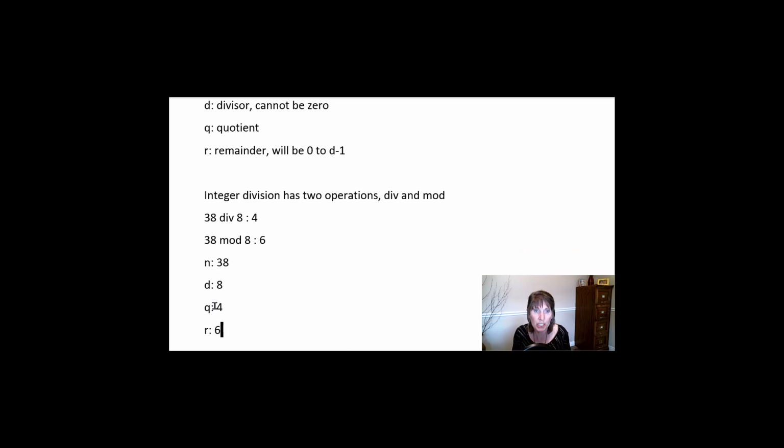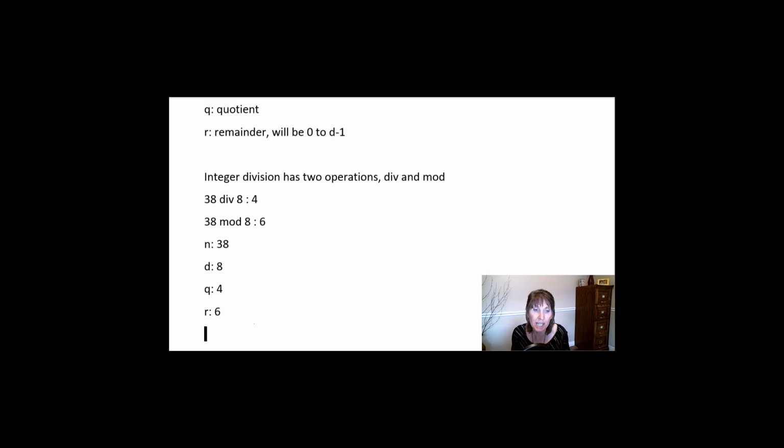Those are each of the values we've been working with. Notice that 6 is in the range of 0 to 7, which is the possible remainders, and that our divisor is not 0. So we followed all of the rules, and we've identified what those 4 values are.